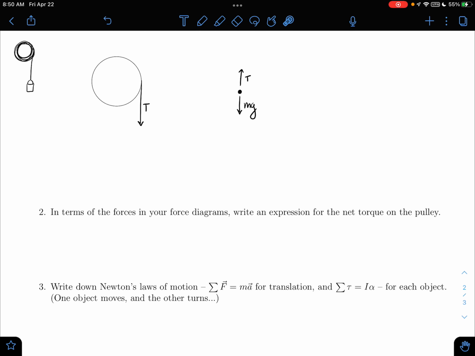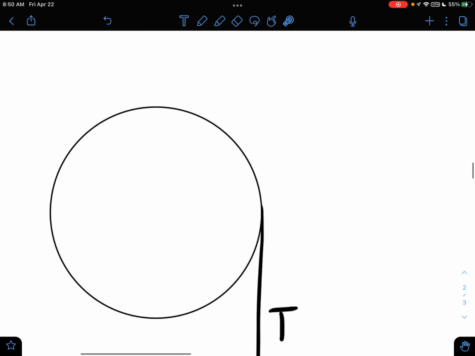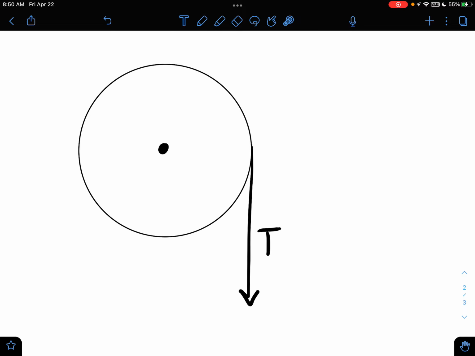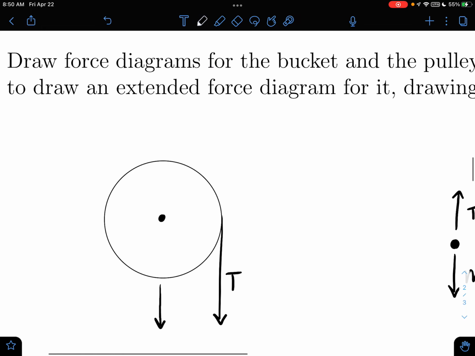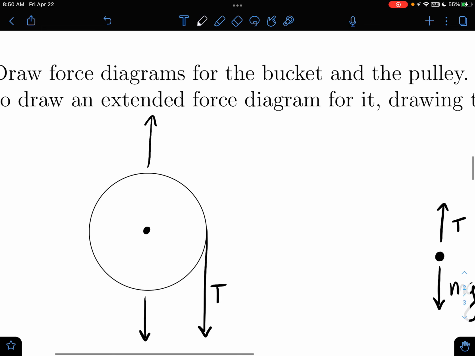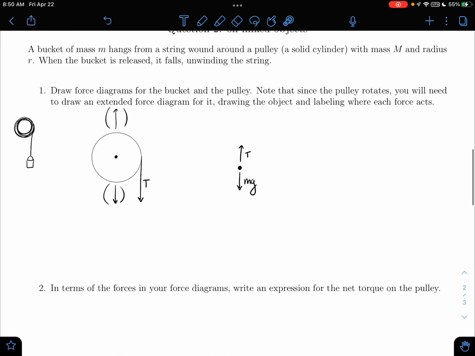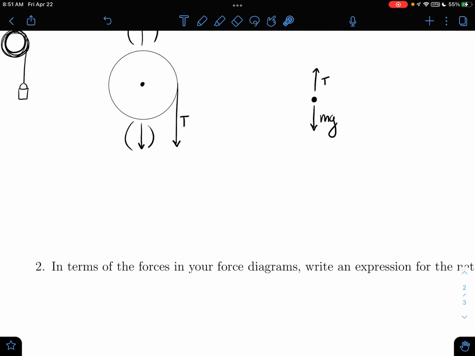Now, in terms of the force diagram, we just need an expression for our net torque, right? So here's our pulley. I'm going to pick my pivot here, right? Because that's what it's spinning around, and also technically, there's the mass of the pulley, and also something might have to be holding the pulley up. But whatever's holding the pulley up is acting at that center. So because I set that pivot, we can just ignore that. We can ignore it anyways for right now, but really it's just helping us select that pivot.